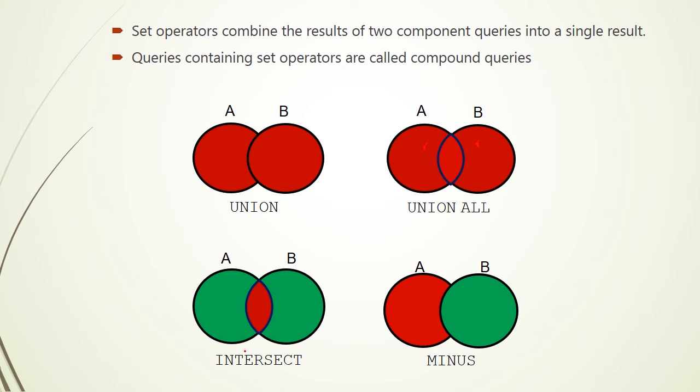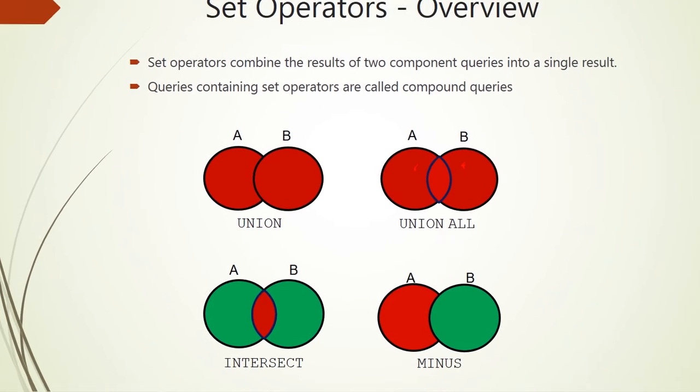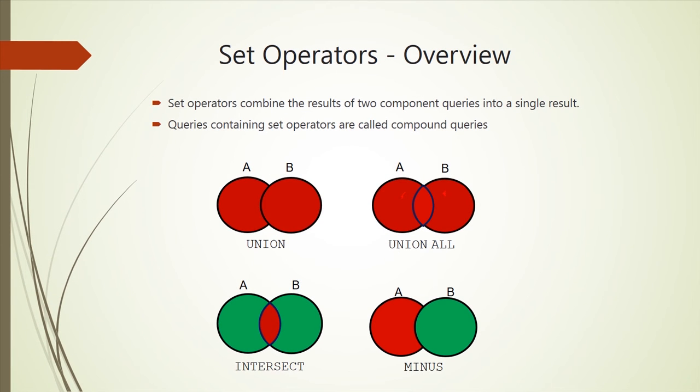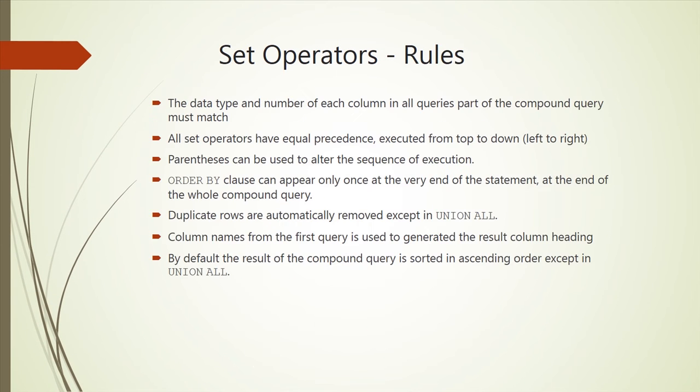The intersect operator is used to return the data that is common between 2 queries. The minus set operator is used to return the rows that exist in the first query and do not exist in the second query. So these are the set operators.